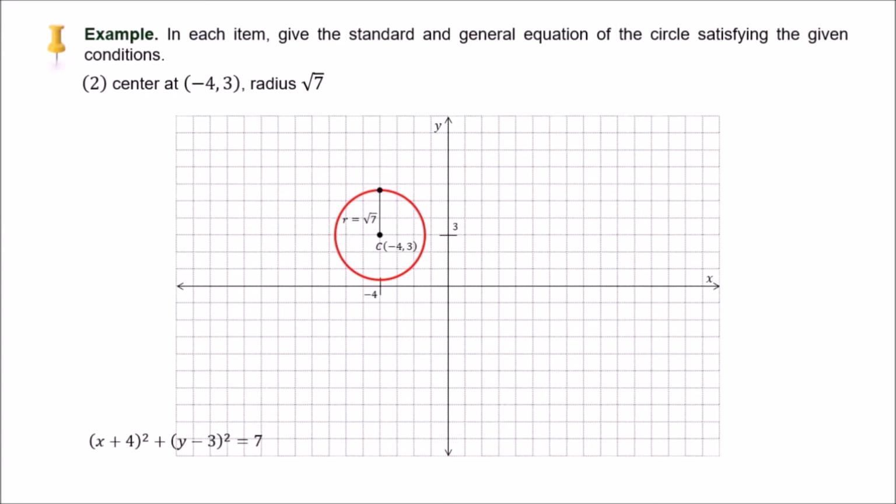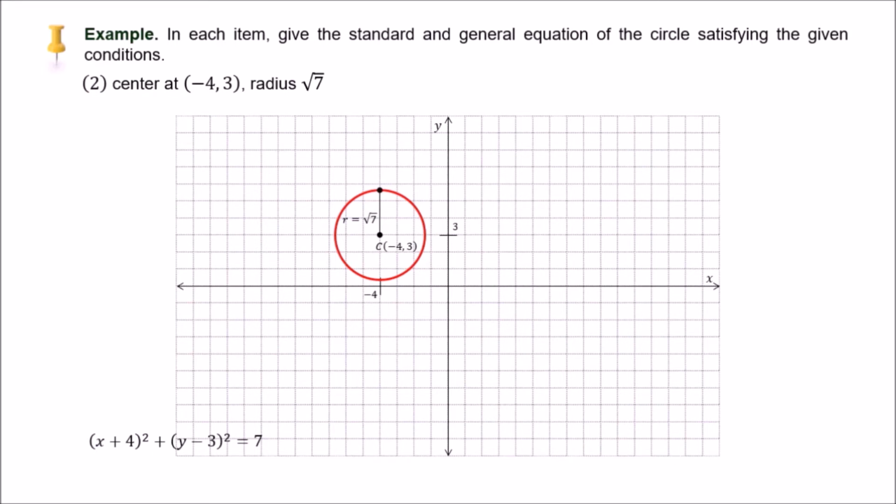To simplify, we'll have (x plus 4) squared plus (y minus 3) squared equals 7. This is now the standard form of the equation for this particular circle. To get the general form of the equation, we'll perform the square of binomial for both binomials present in the equation, (x plus 4) squared and (y minus 3) squared.